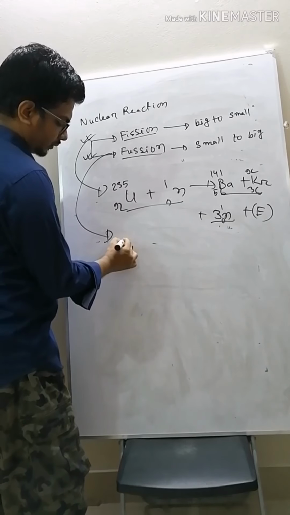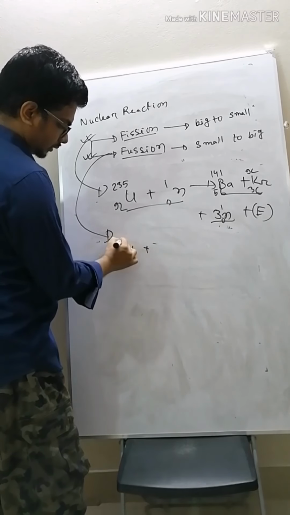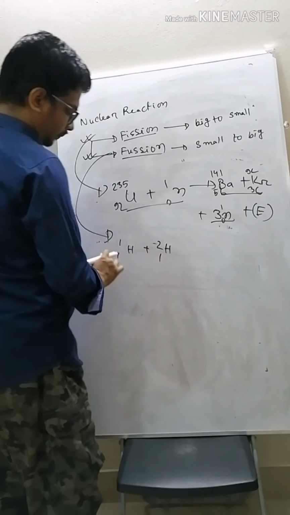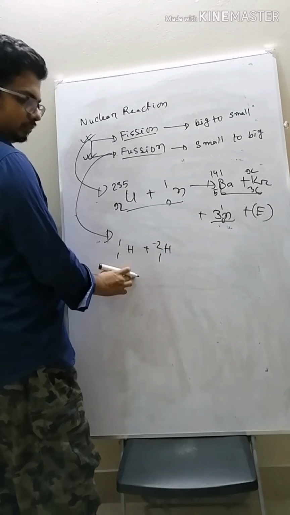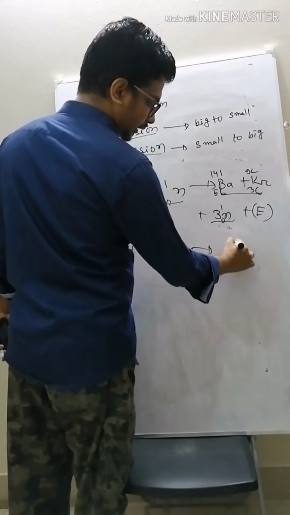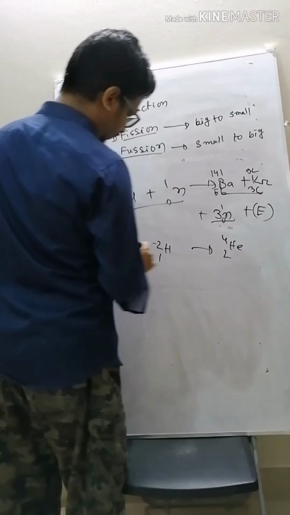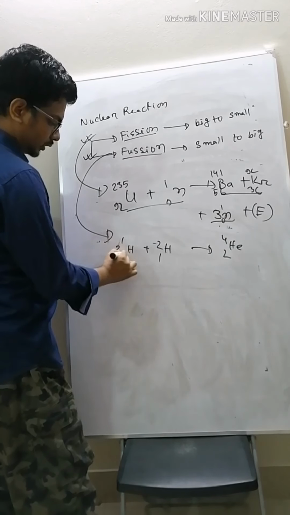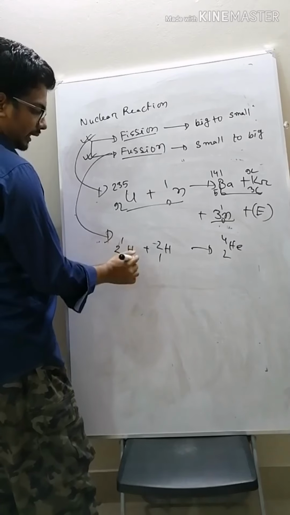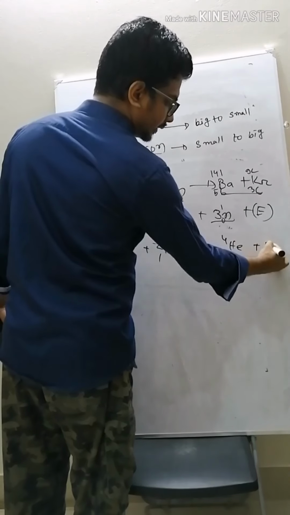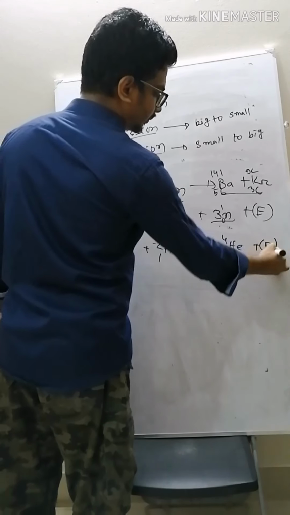Hydrogen, isotope of hydrogen 1 1 and 2 1, will produce helium 4 2. Okay, we use here 2 molecules of hydrogen and a huge amount of energy.